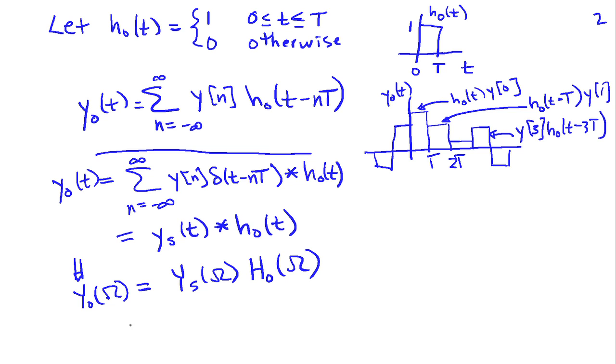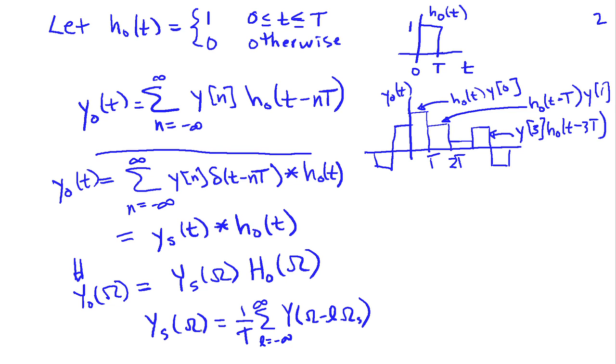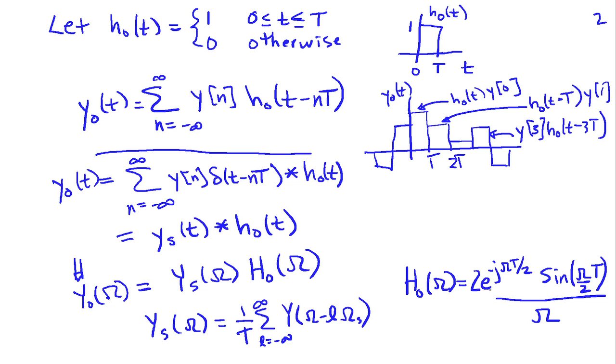And recall that the Fourier transform of the sampled signal y sub s of t was given by 1 over T times the sum, L equals minus infinity to infinity, of shifted replicates of the Fourier transform of the original continuous time signal. And we can calculate the Fourier transform of this rectangle, and we know it's going to involve a sinc function, where h0 of omega is equal to 2 times sine of omega T divided by 2, over omega.